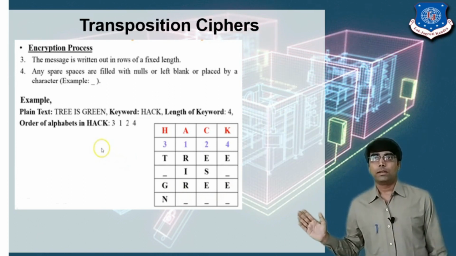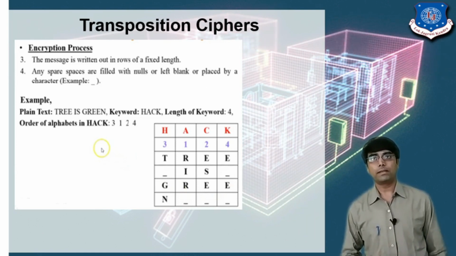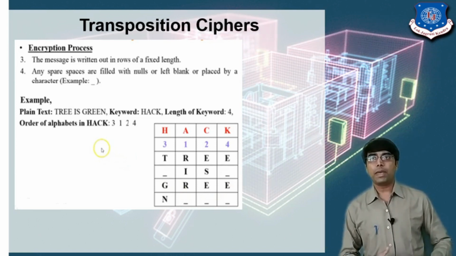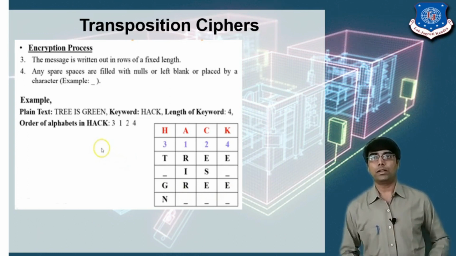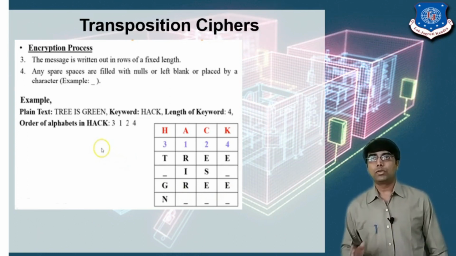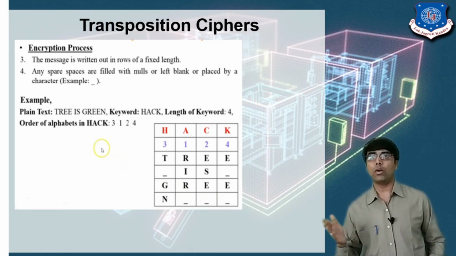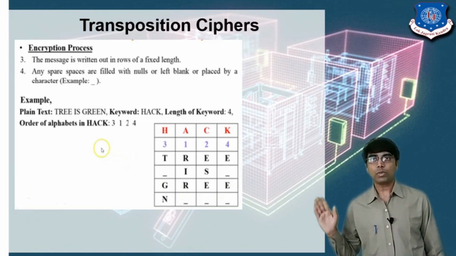Then the message is written out in rows of fixed length. Any empty square space is filled with nulls, or left blank, or replaced by a character such as an underscore or dash. So if any free space is there, you have to fill it with a blank, null, underscore or dash. Here I use the underscore.